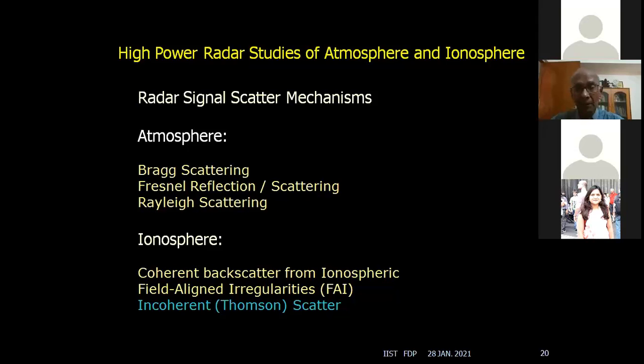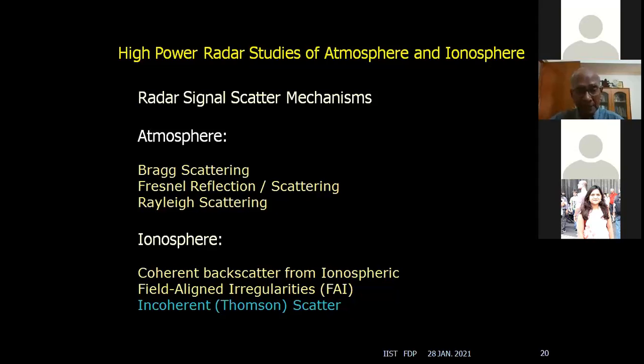And when your radar beam occupies n number of drops, then you get a backscatter signal from all the drops, and you integrate. The received signal is an incoherent summation of the scattered signals from each drop. So that is the backscatter signal from rain.